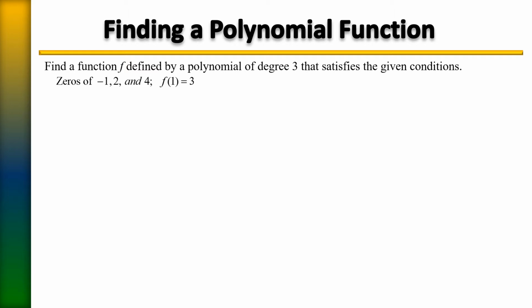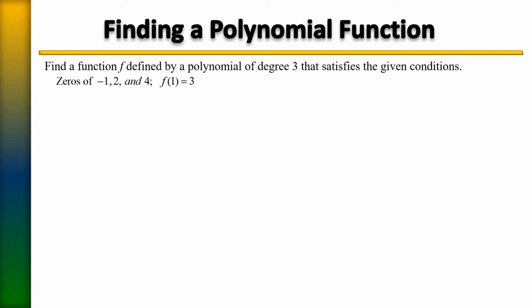So the first thing we're going to do here is write out as much information as we know for this polynomial function. We're told that it's degree 3 and that the three zeros, which we already have, so we don't have to go looking for them or plug them into synthetic division.